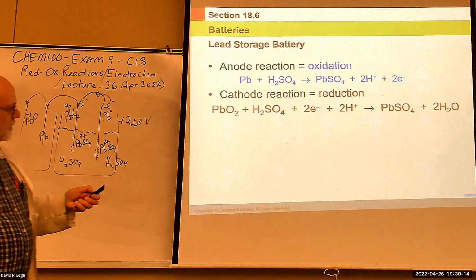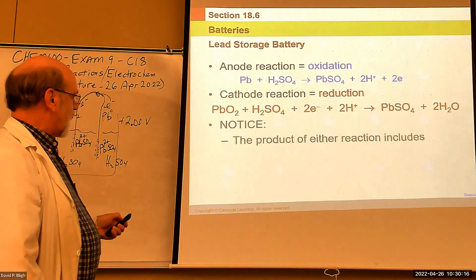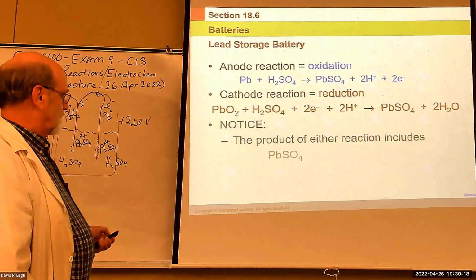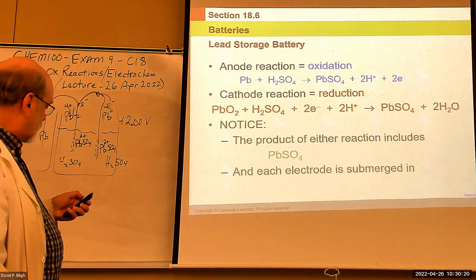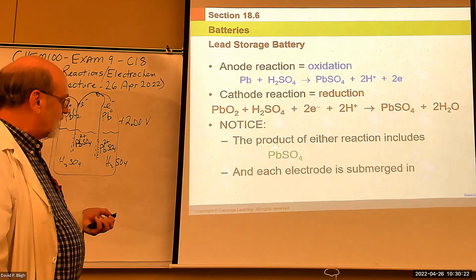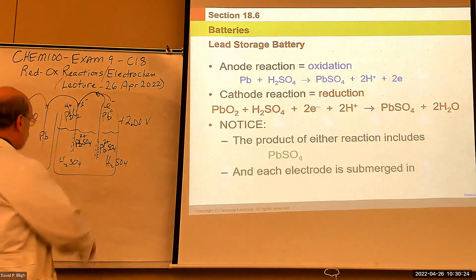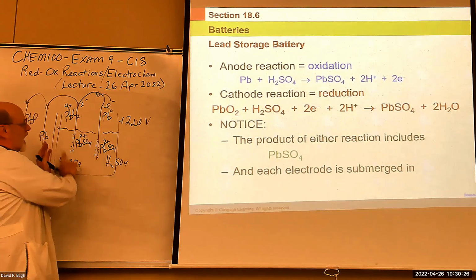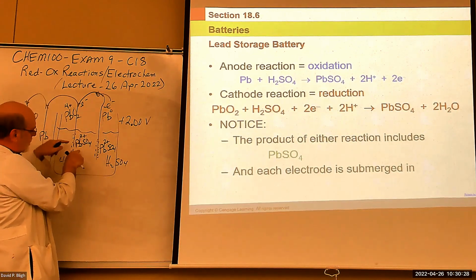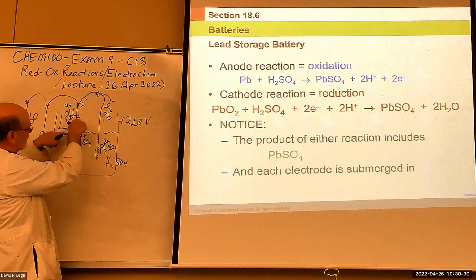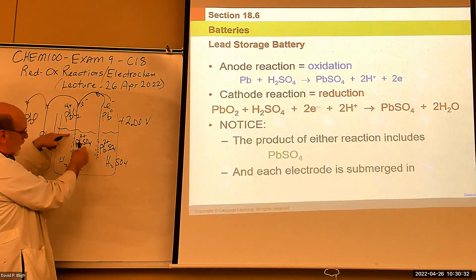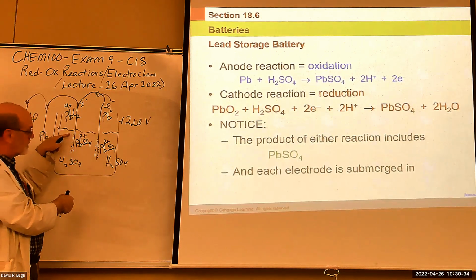So that's the reaction that takes place in your battery, and it produces lead 2 sulfate on both plates. When we run the reaction backwards, it takes this lead sulfate and makes lead oxide out of it again. It releases the sulfate back into solution.